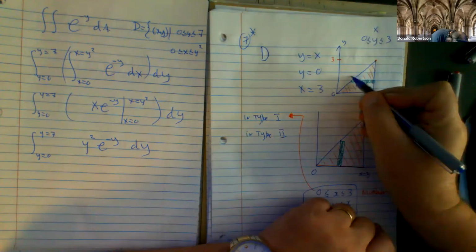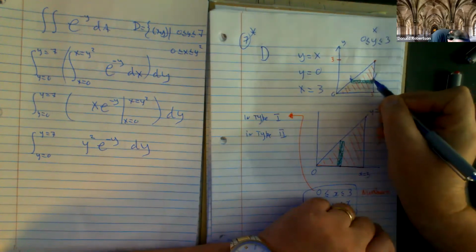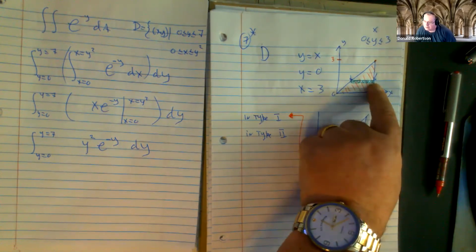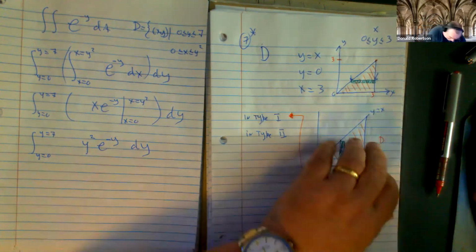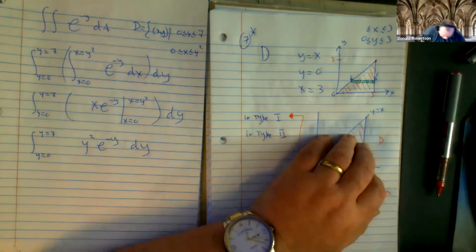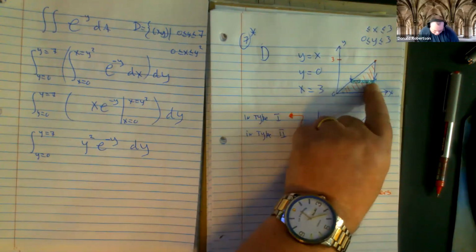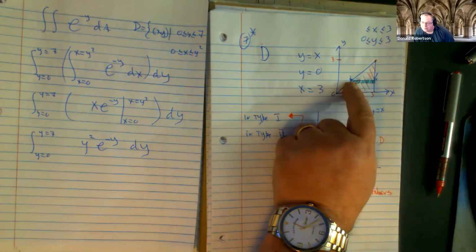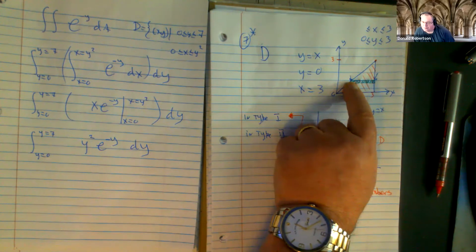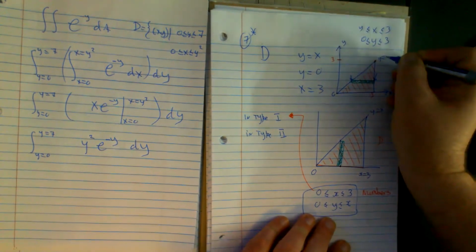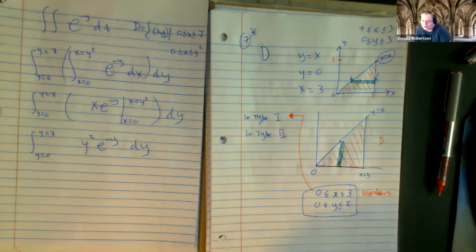X's go from here to here, agreed? Now, the biggest value that X takes is 3. That's this side here. What's this guy here going to be called? And remember, this line is called Y equals X. Doesn't that mean X can be Y and Y can be X?